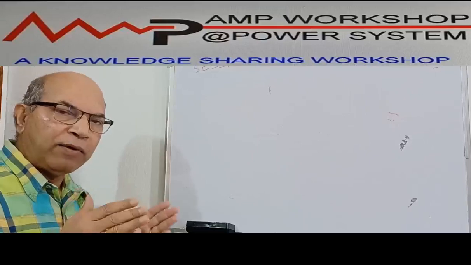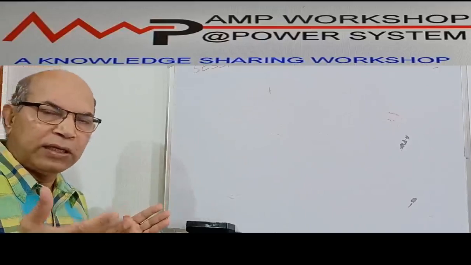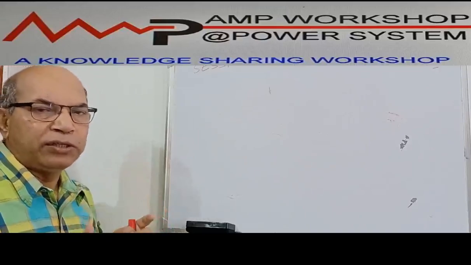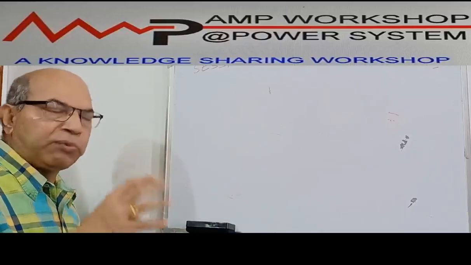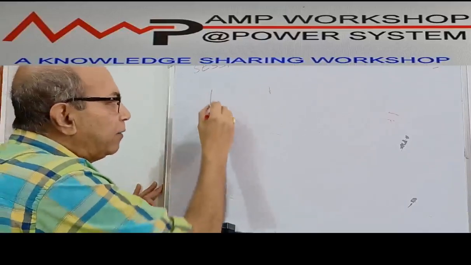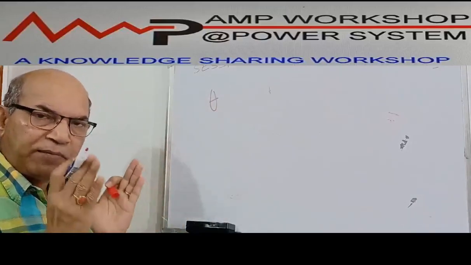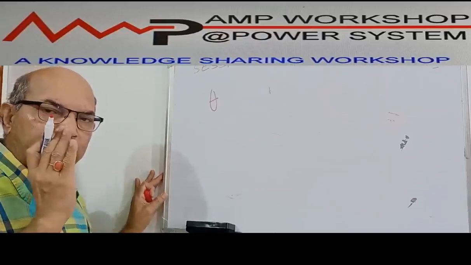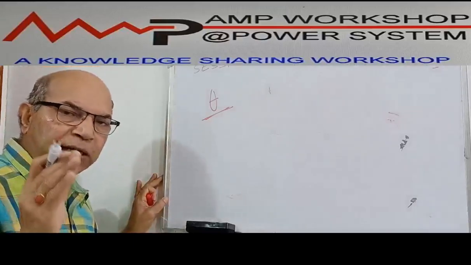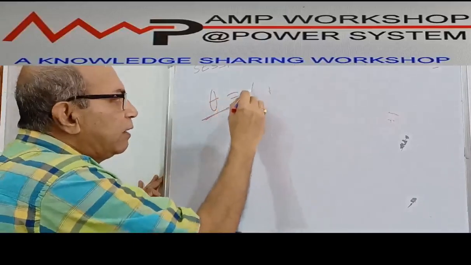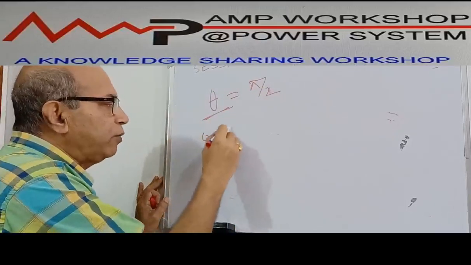To describe how much theta after or ahead of voltage the current will be changing, we define this phase angle, which we represent by theta. So the voltage and current are not in the same phase. There is a difference of phase, generally defined by theta. In a pure inductive circuit, this theta equals pi by 2. But for a combination circuit, it can vary from 0 to pi by 2, any value.